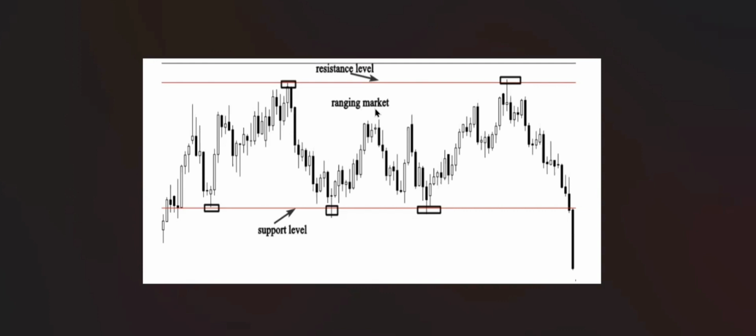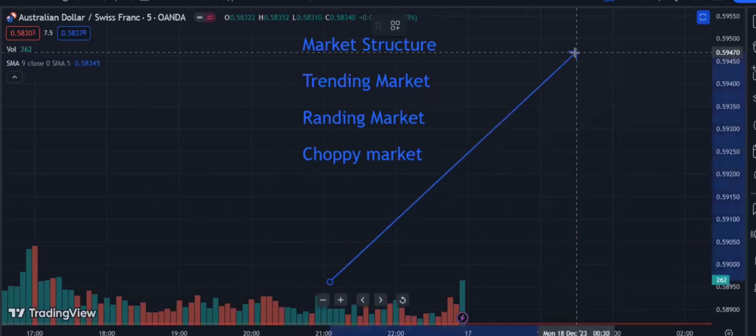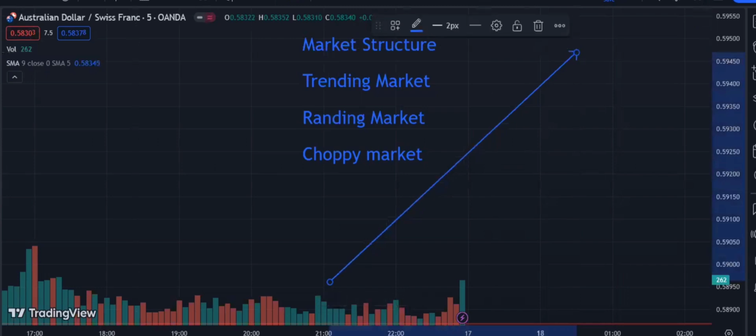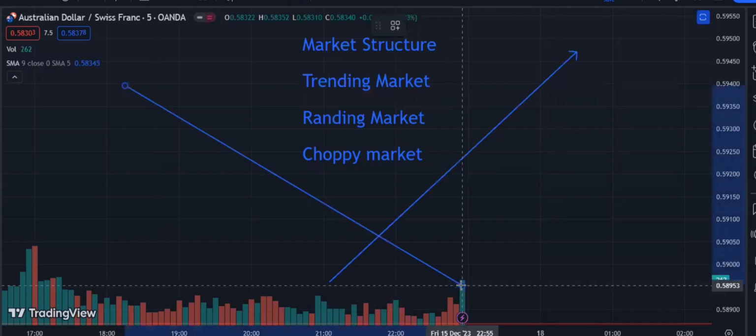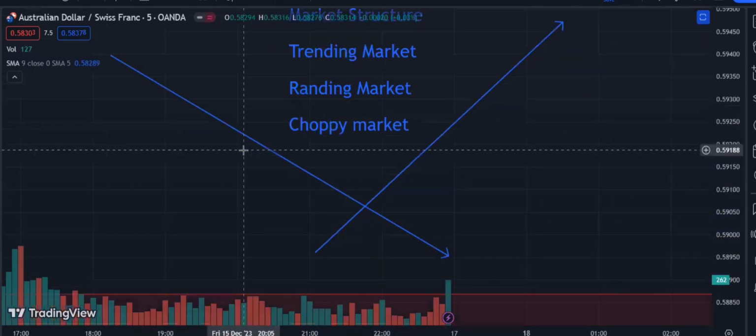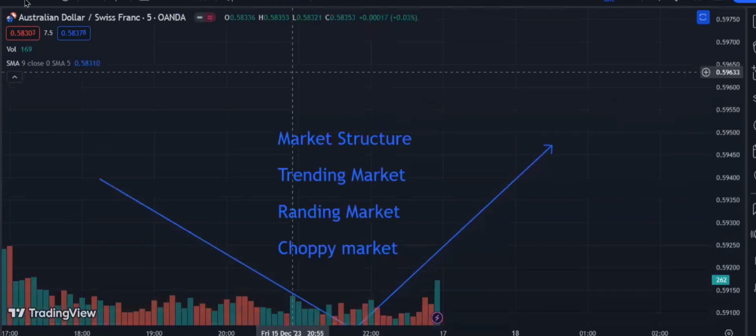Ranging markets are pretty straightforward, right? Remember when we were discussing the section on trending markets, it has a pattern, an upward pattern. Trending markets go either up or down.